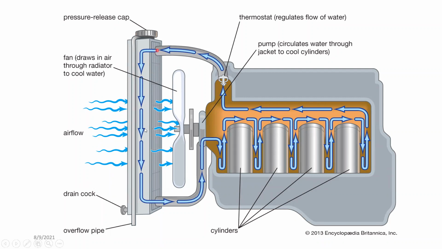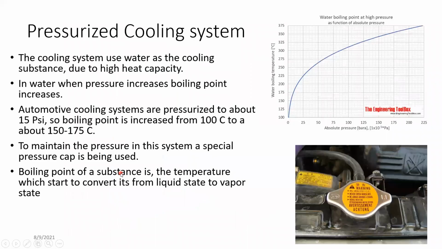In order to assist this heat transfer in the radiator or heat exchanger itself, the engine again drives another fan here, right? The fan absorbs air through the radiator itself. By doing this, it maintains the temperature at a constant level.